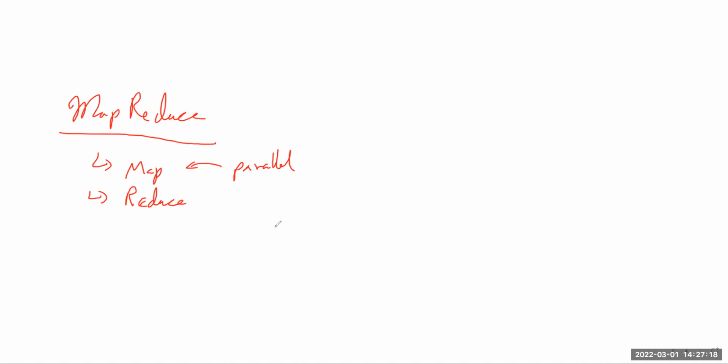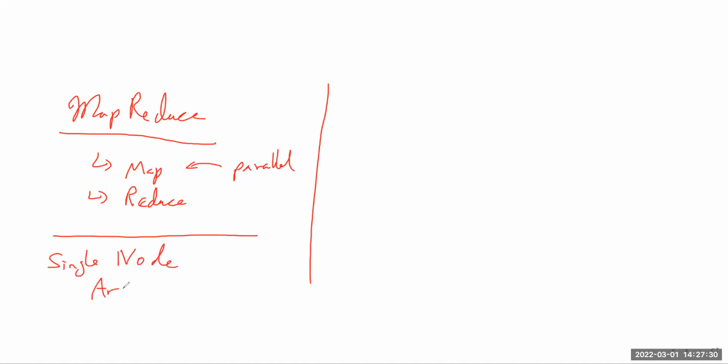Before we talk about MapReduce, we are used to, of course, single node architectures. You don't actually see a lot of clusters around here, right? You usually see just a whole bunch of individual nodes.